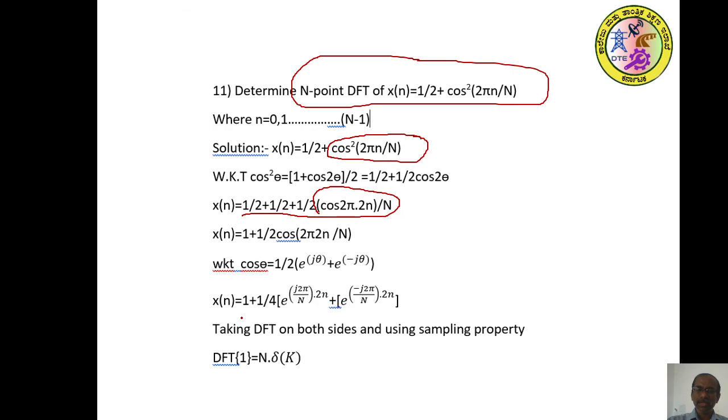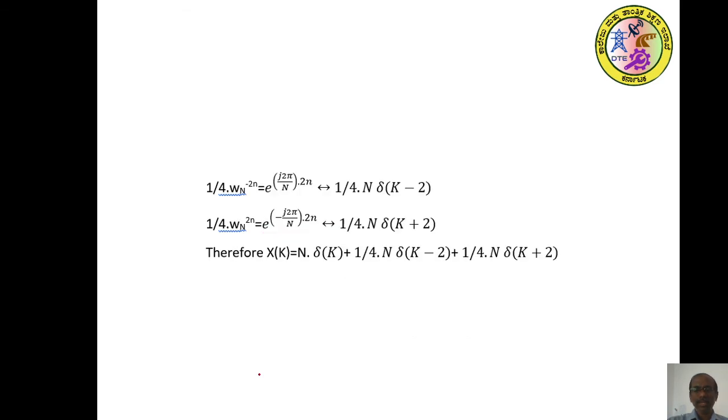Rearrange. This becomes 3 terms: 1, 2 and 3. Directly using properties, 1 will have a DFT of N times delta k. Multiplication by an exponential will be shifting in the frequency domain. Club all the answers, that is your problem.